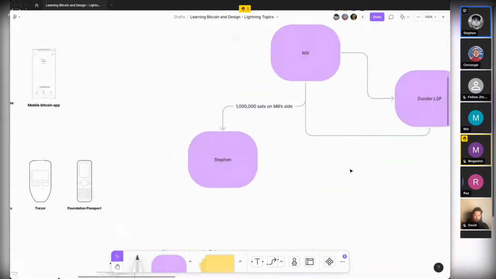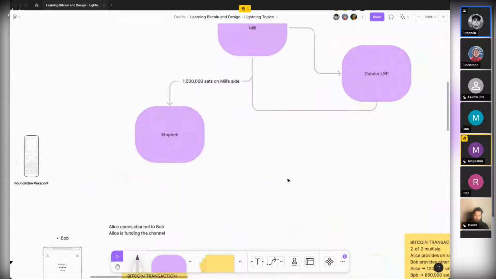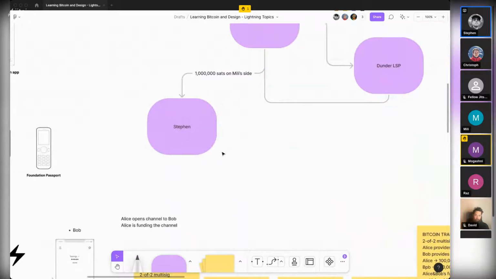Does that mean that for each transaction, for example, if we want to send 1,000 sats from Alice to Charlie, we're going to have Alice and Bob both verify the transaction, and then we're going to go to the next part of the channel, and then we're going to have Bob and Charlie verify the transaction? I think I made that over.